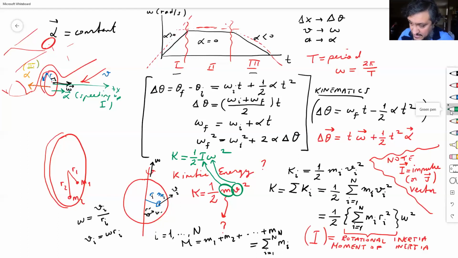So in general, total kinetic energy will be from translational and then rotational parts. This is translational, this is rotational kinetic energy. But you still have to find out what I is, what moment of inertia is. You got to know how these masses are distributed.